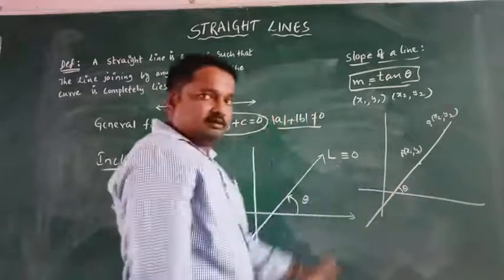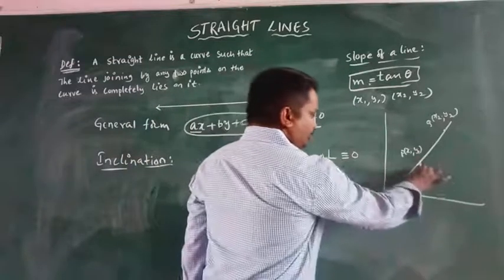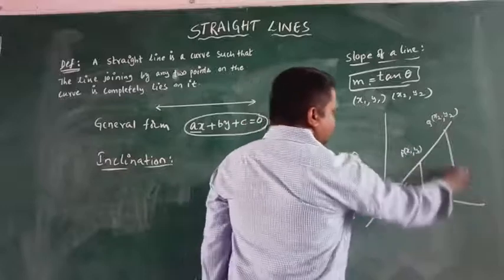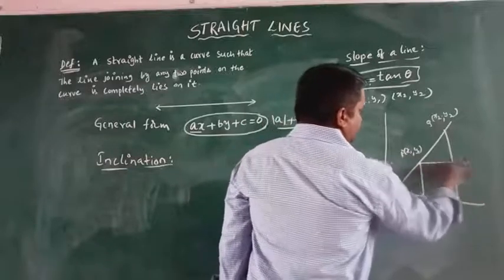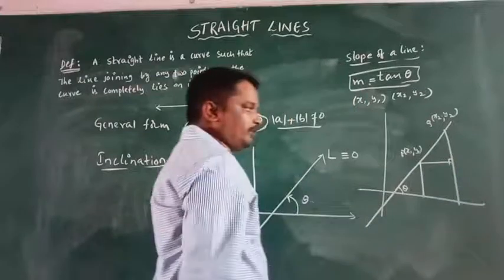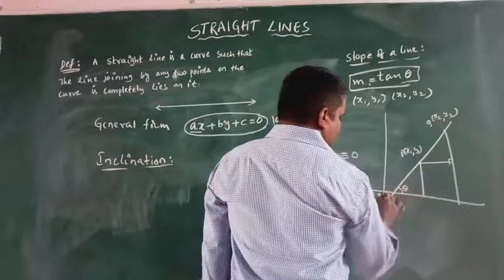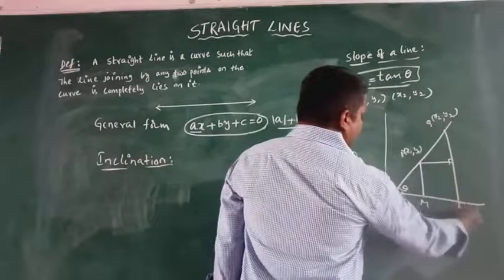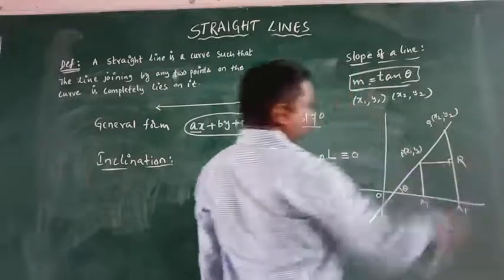For that I am dropping perpendiculars from the points to the x-axis, and from P one perpendicular to QM. I mark them M, N, R.